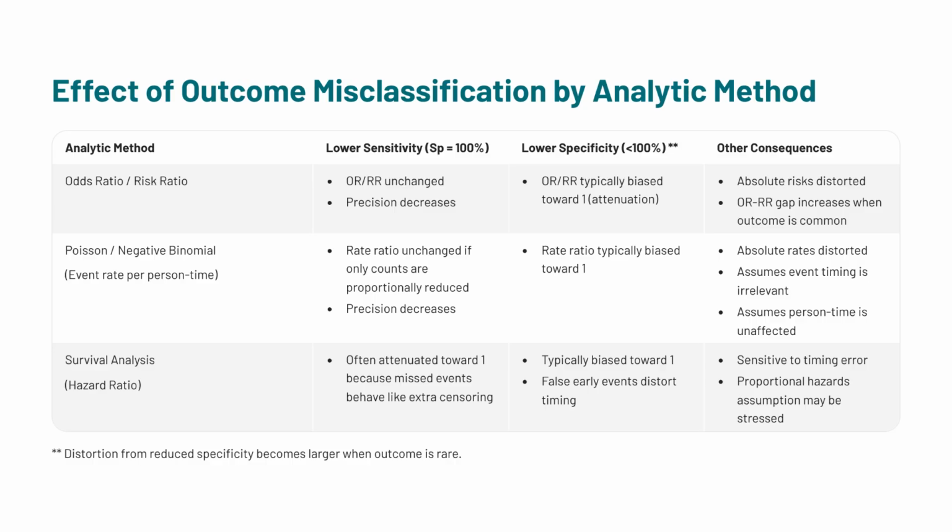For rate models like Poisson or negative binomial models, similar logic applies if misclassification only changes the event count and not the follow-up time. Survival analysis adds complexity because timing matters. Missed events can behave like additional censoring, and false events can create failures at the wrong time. The big takeaway is that misclassification does not show up the same way in every model.